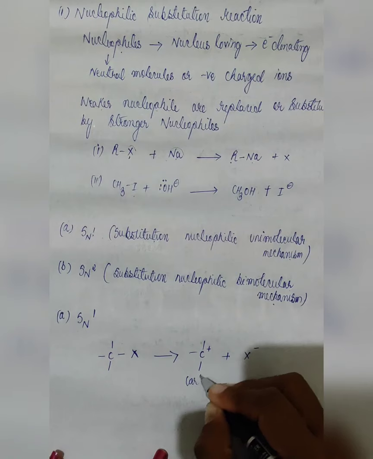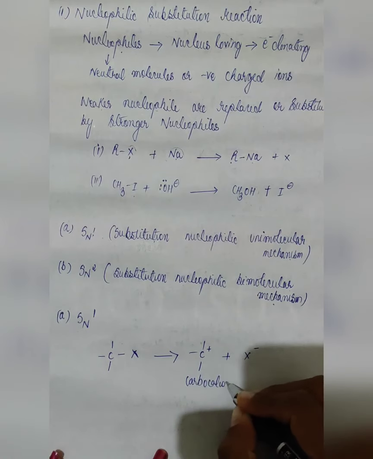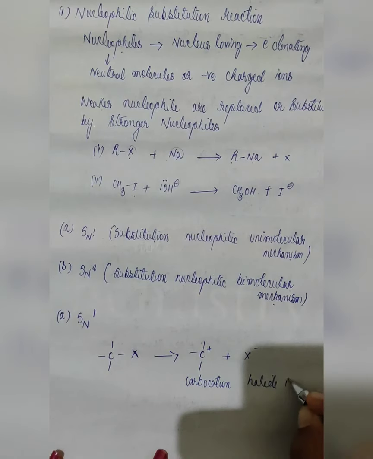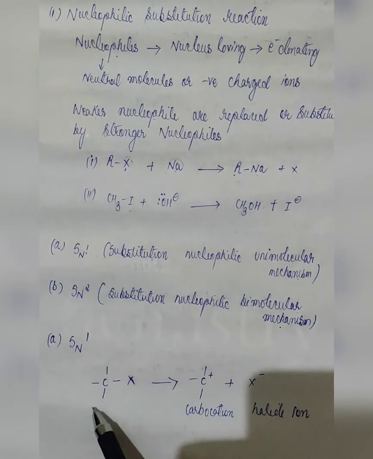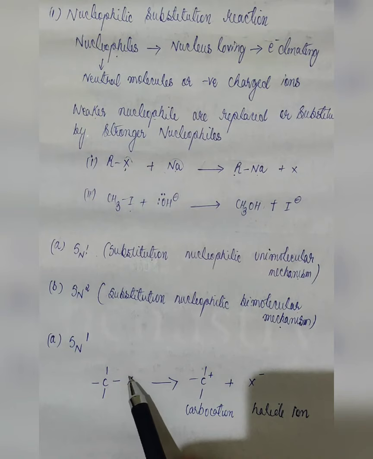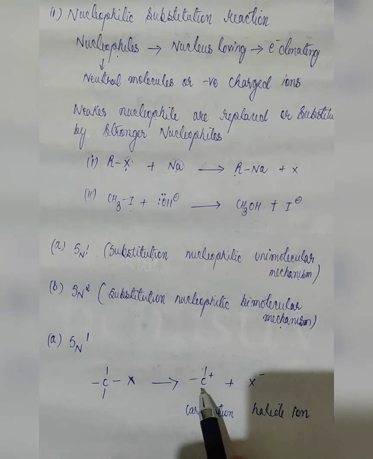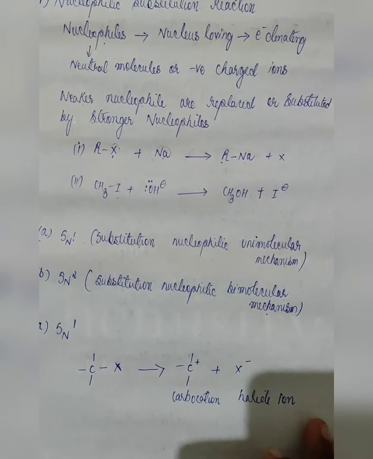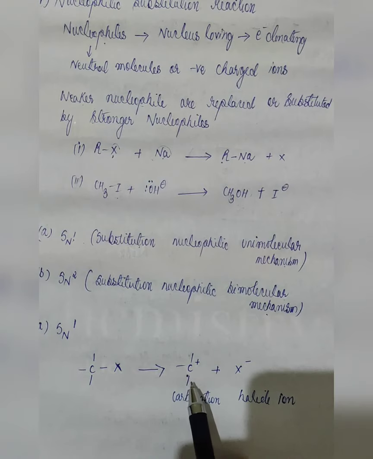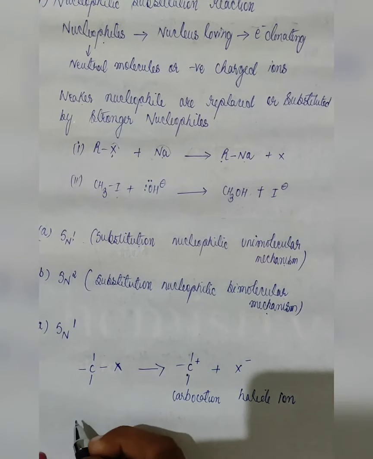This is the carbocation and this is the halide ion. So in the first step, from the haloalkane, the halogen will be lost, resulting in the formation of a carbocation and a halide ion. In the second step, once the carbocation is formed, it will be attacked by a nucleophile and the product will be formed.